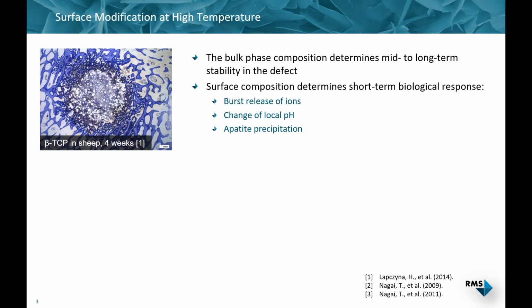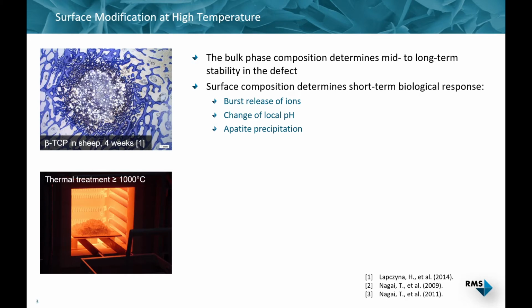It can also change the local pH at the implantation site strongly. And if the material is bioactive, we can observe formation of biomimetic apatite precipitation on the surface, and thus a change of the ionic concentrations around the implant.